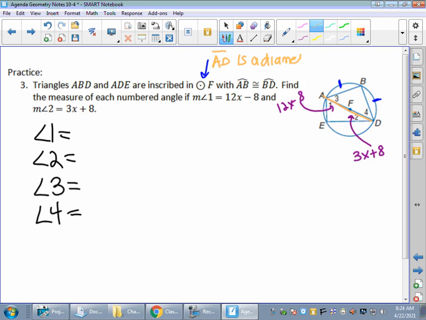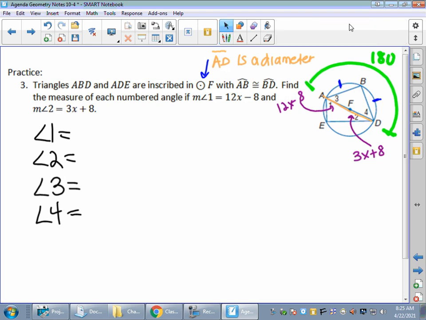Go back to one of those theorems. I can't remember what it was. If that's a diameter, don't we know that this arc is 180 degrees, which means the other half would also have to be 180 degrees, right?